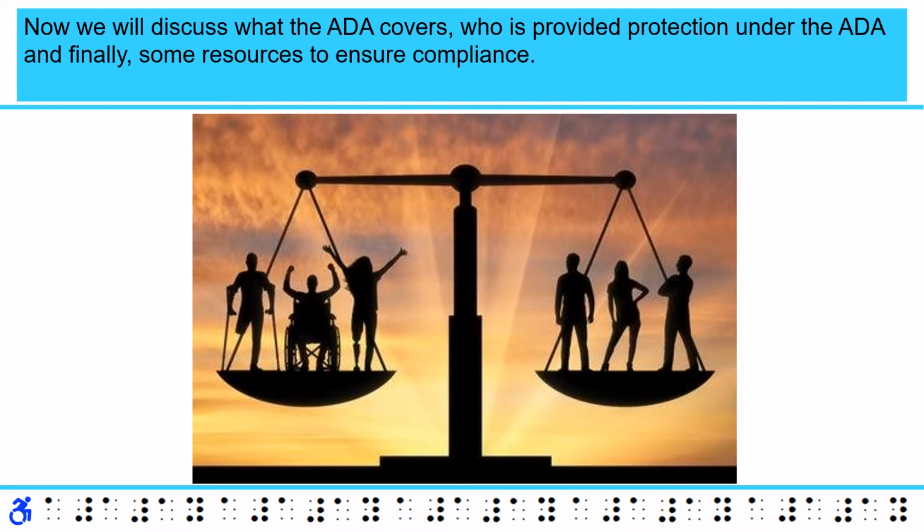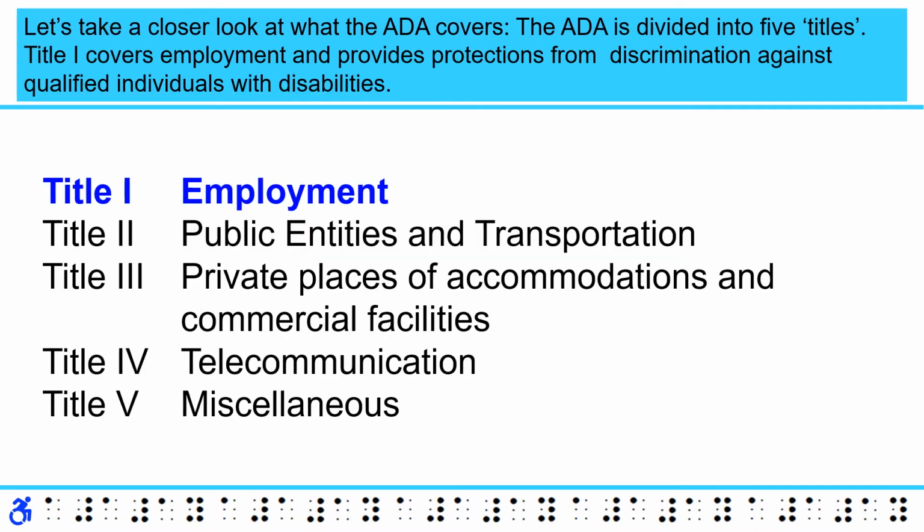Now we will discuss what the ADA covers, who is provided protection under the ADA, and finally, some resources to ensure compliance. Let's take a closer look at what the ADA covers. The ADA is divided into 5 titles. Title I covers employment and provides protections from discrimination against qualified individuals with disabilities.